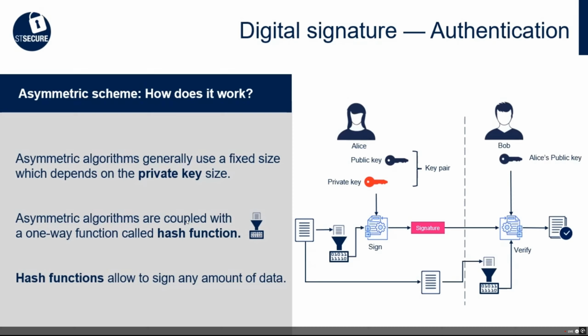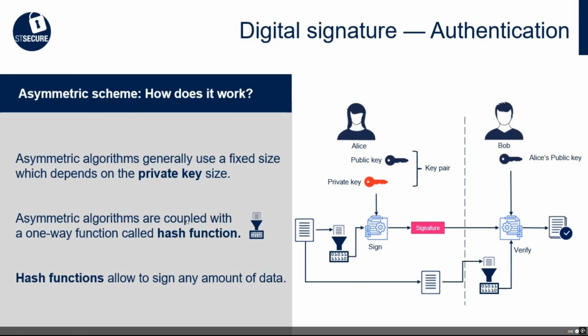That being said, a good hash function must be resistant to what we call collision. A collision is two sets of data that give the same digest value. Hence, the robustness of a hash function is the complexity to find a set of data that generates a given digest. The full digital signature scheme is using a hash function and an asymmetric cryptographic algorithm to generate a digital signature.